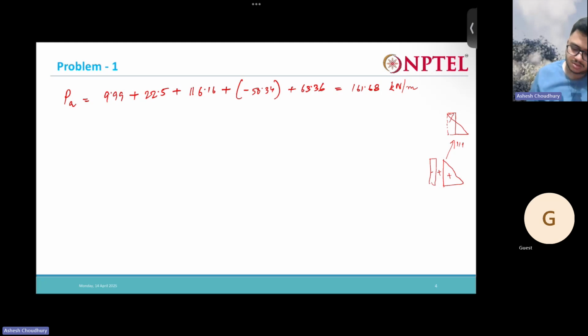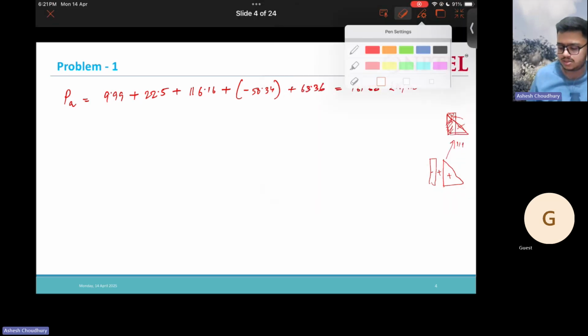This part is the minus part and you have this positive part. So this part will go, and I will get this and this. I hope you understand this.